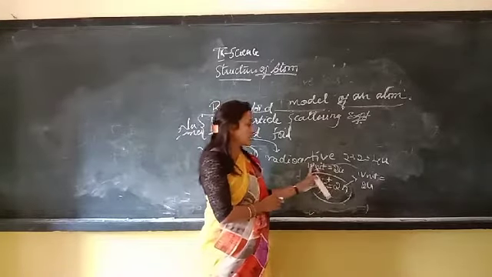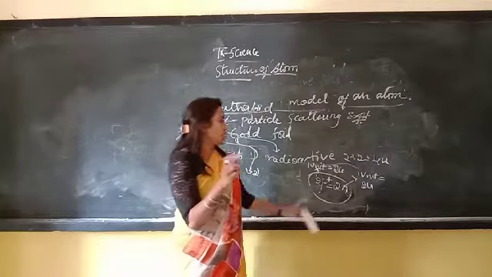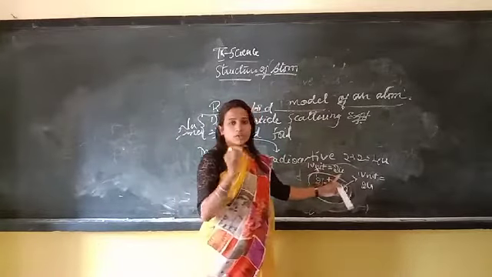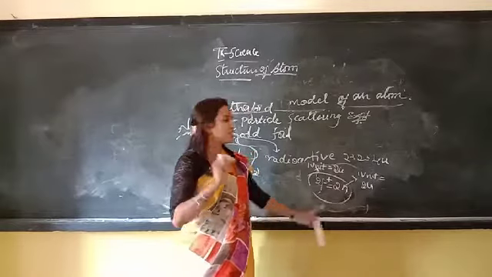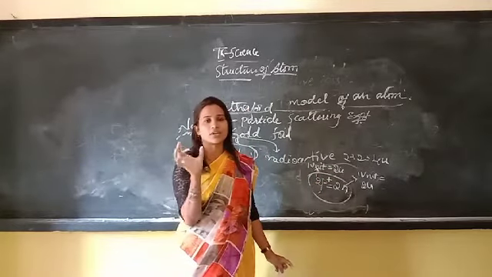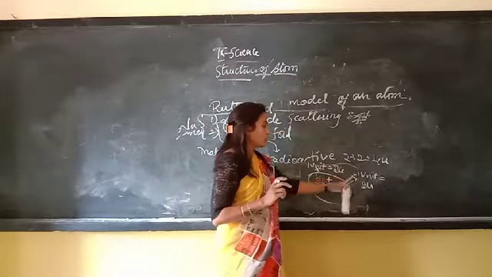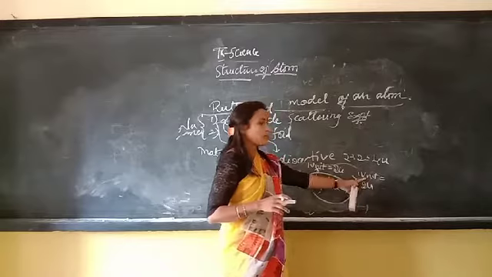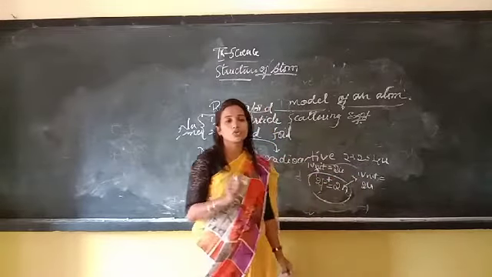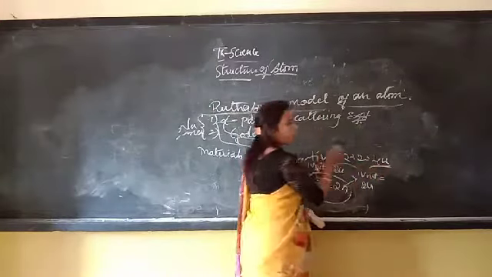Each proton has 1 unit of mass, and U represents atomic mass unit. Each neutron also has 1 atomic mass unit. So what is the total atomic mass? 4 units.